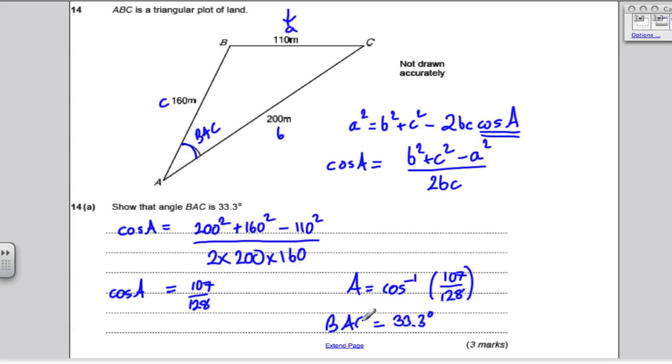So angle BAC, the angle at A, is 33.3 degrees.